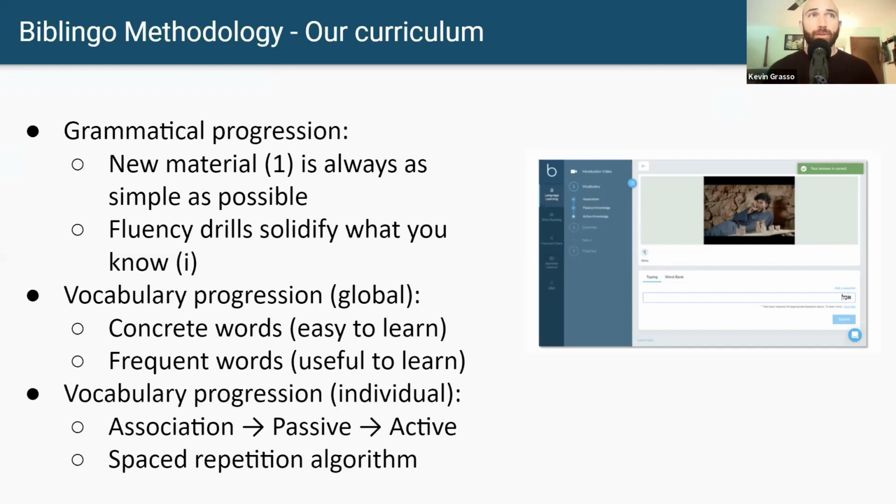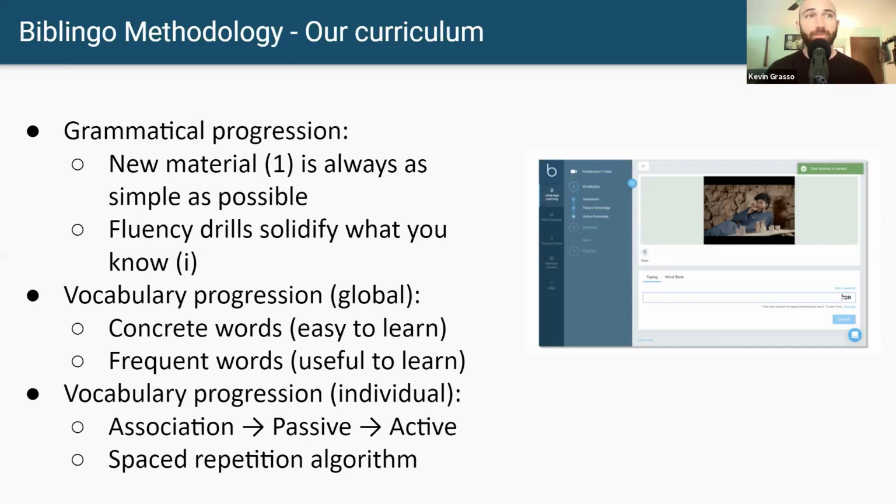And then from a vocabulary standpoint, we have a kind of a global progression, right? Where we start out with concrete words that are easier to learn, again, so that you can build on easy to learn vocabulary items, and also frequent words, right, which are useful to learn. And then from an individual perspective, our progression involves going from more passive knowledge to active knowledge.